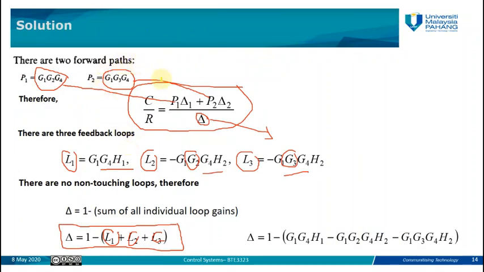So from this formula, we already have B1 here, delta 1 which equals 1, B2 here, delta 2 which equals 1, and delta here. We just substitute all these values in this formula to get the transfer function, which is Cs over Rs.